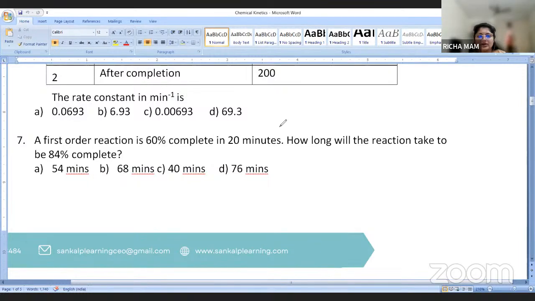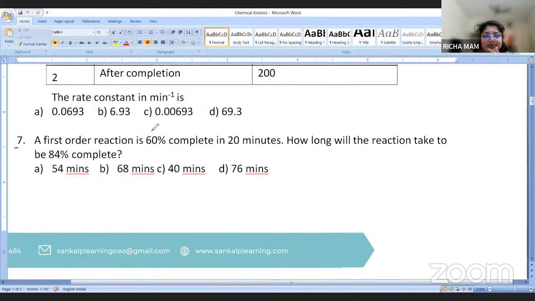In 20 minutes 60% is completed, and they have asked how much time it will take to complete 84%. The options are A 54 minutes, B 68, C 40, and D 76 minutes.